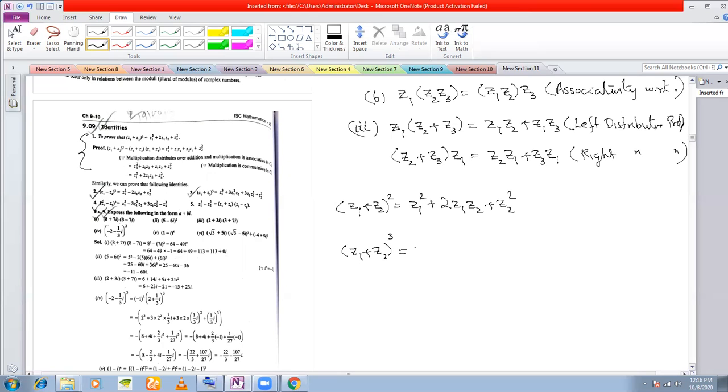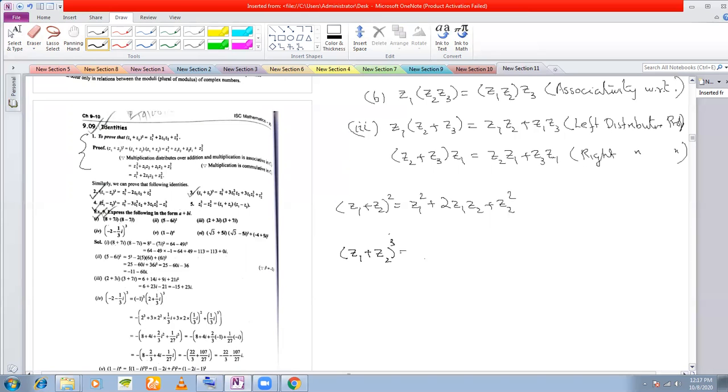Okay. So by the A plus B whole cube formula, you have A cube plus B cube plus thrice A. Oh, okay, not this way. Not A cube plus B cube, because A plus B whole cube is for your real numbers.